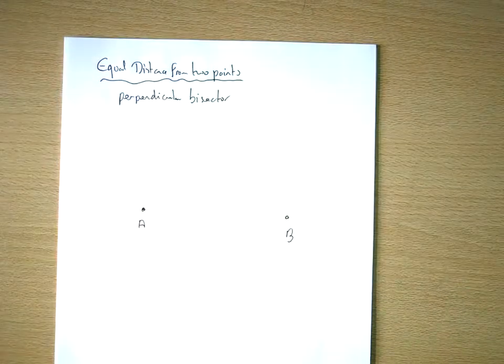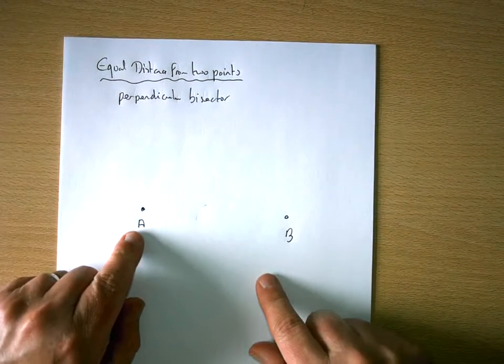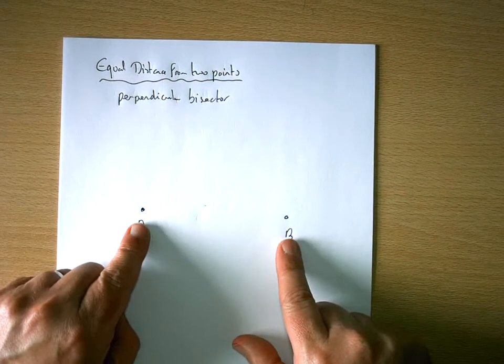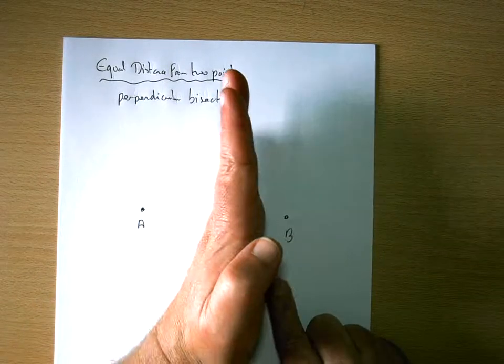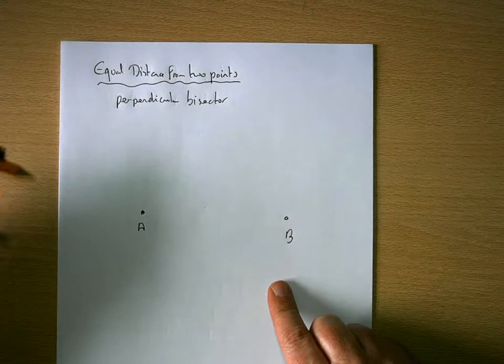Okay? And what it effectively means is that you are going to draw a line which is exactly halfway between A and B, and also at right angles between those. And the easiest way to do it really is with a compass.